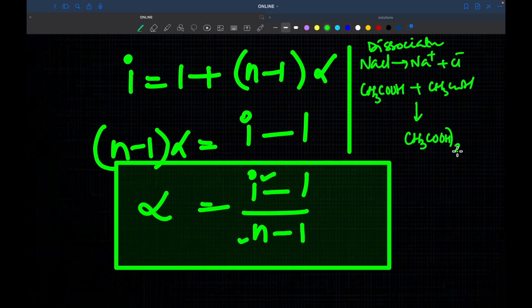CH3COOH taken twice. In this case, dimerization is taking place. This is what you call dimerization or association. For dissociation you have to use this formula. For association, n should be written as 1 by n. I'll write both formulae here.